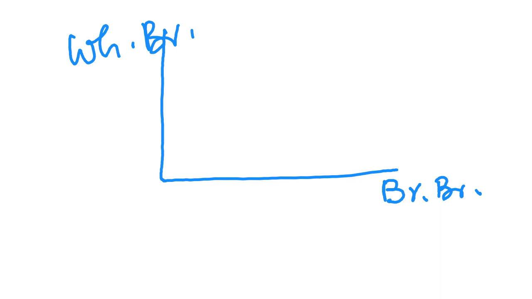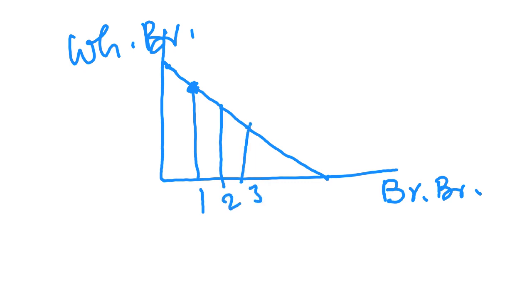So if you draw a production possibility frontier, it would look like this. It's a straight line. So for example, if you produce one brown bread, and if you increase the production to 2, 3, 4, every time you increase one bread, you have to give up the same number of white bread, not necessarily one, any number.